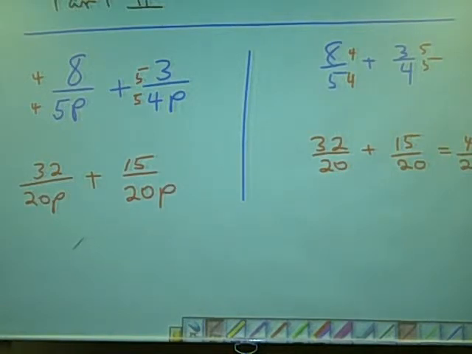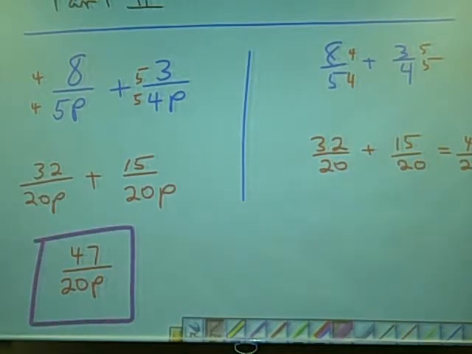So that gives us 47 over 20p. Okay, and that's our answer. If we can simplify this, we want to, but the only factors of 47 are 1 and 47. So we're done with that.